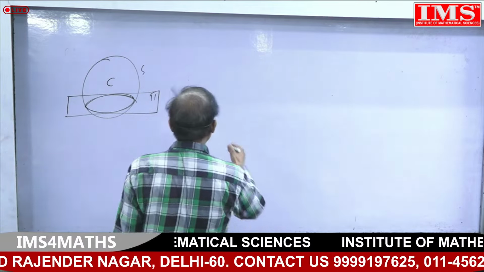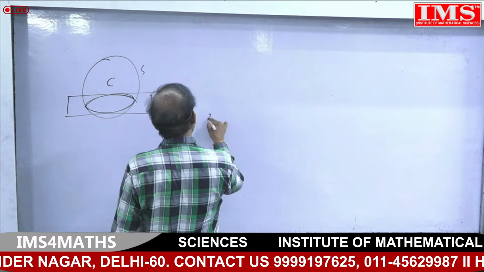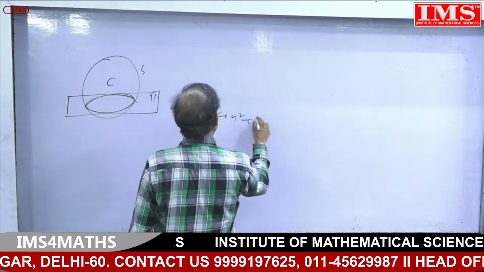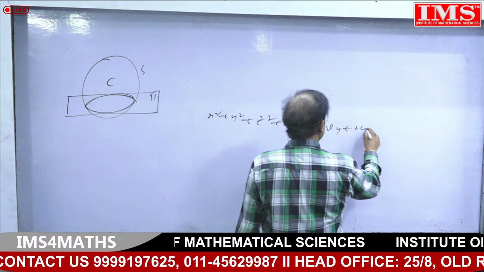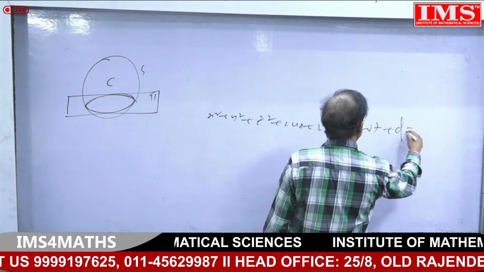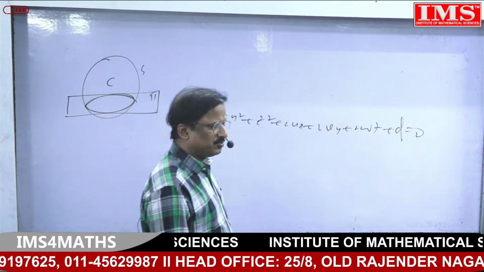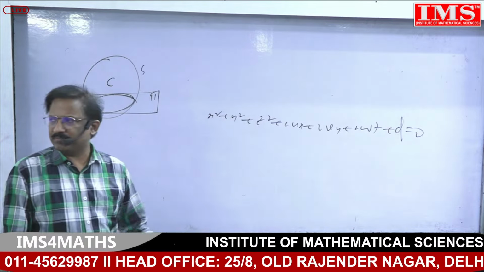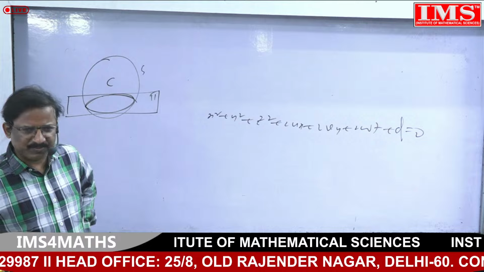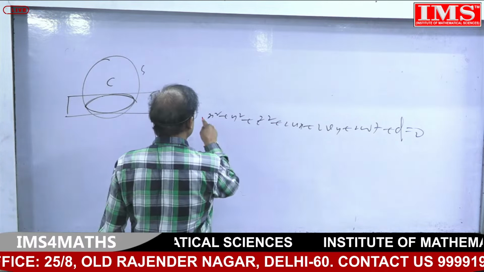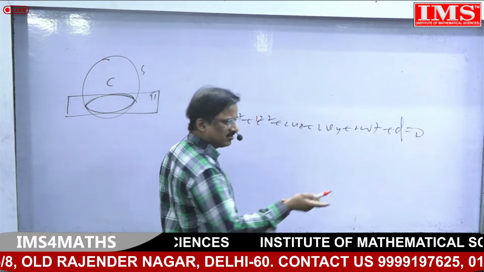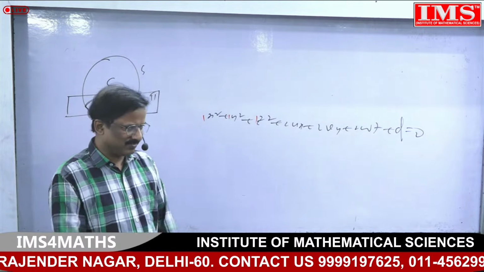Can I ask you one question? In the general equation of the sphere, I forgot to ask you: x square plus y square plus z square plus 2ux plus 2vy plus 2wz plus d equal to 0. To represent a sphere, the first criterion is that the coefficients of x square, y square, z square must be the same. I can't say it's 1, must be the same.